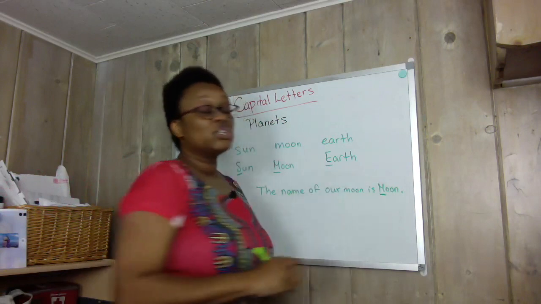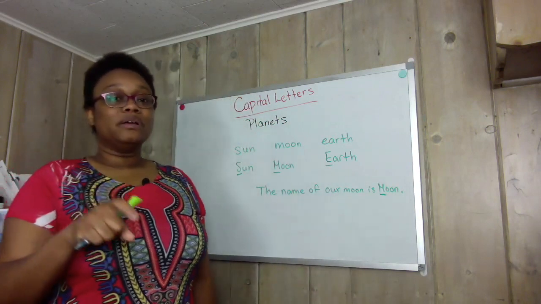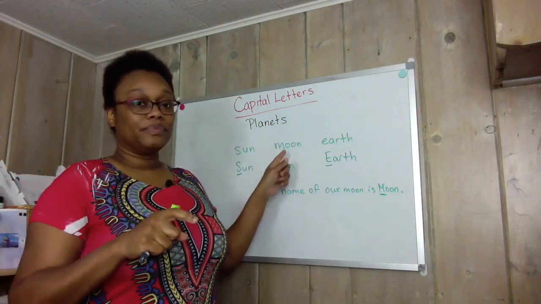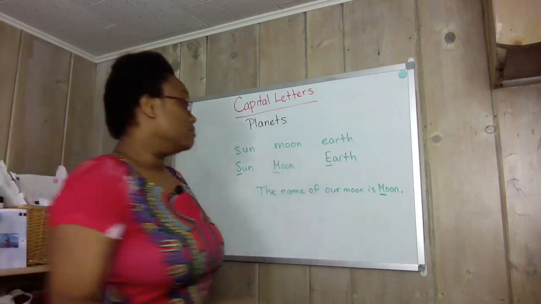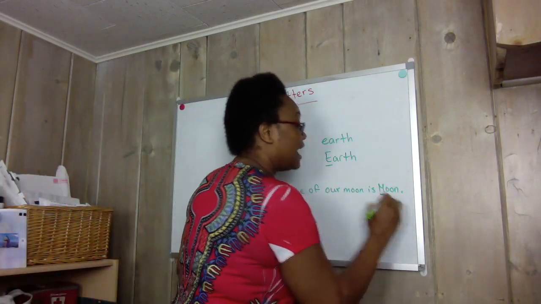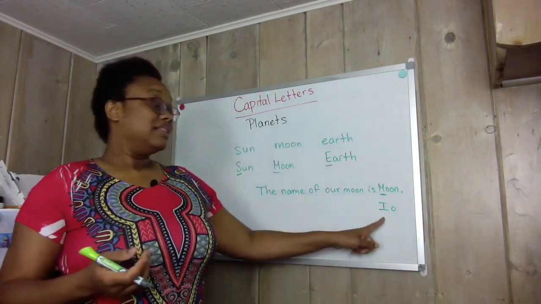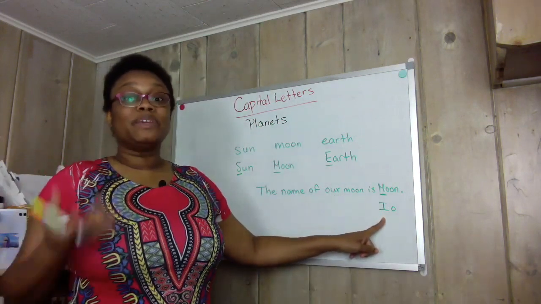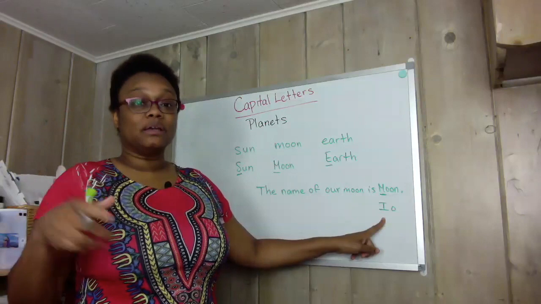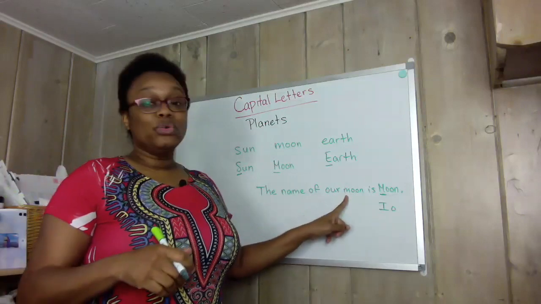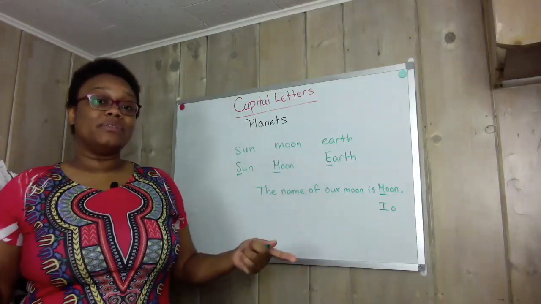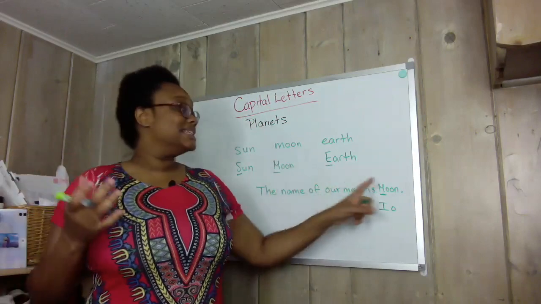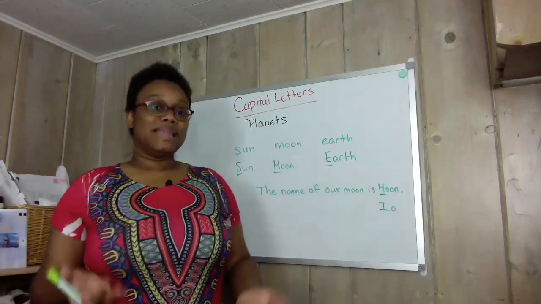Here we're referring to the specific name of the moon. Just like if our moon was Io, for example, that I would be capitalized because it's the name of a specific moon. Moon, in this case, is a common noun. It could be any moon until I name specifically the name.